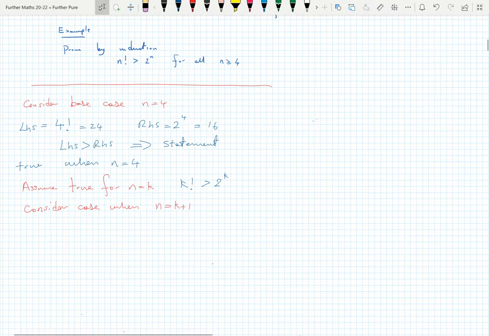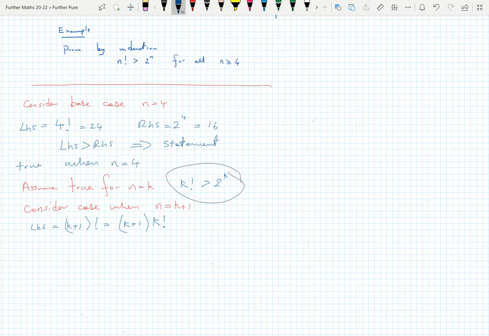So we can then say that k plus 1 factorial, that's the left-hand side, equals k plus 1 times k factorial. Right, now this is where the assumption comes in. So we are now allowed to assume that this is true.